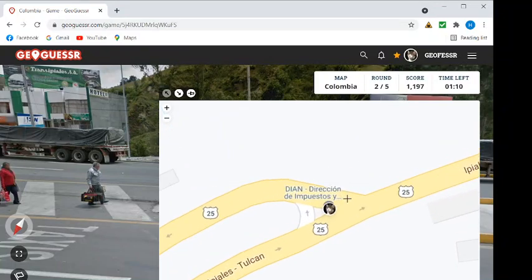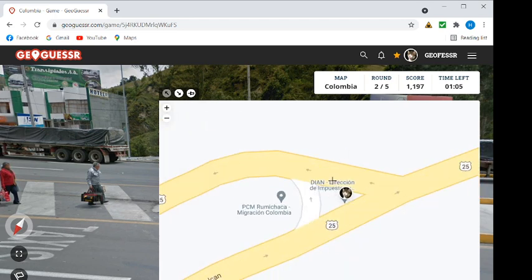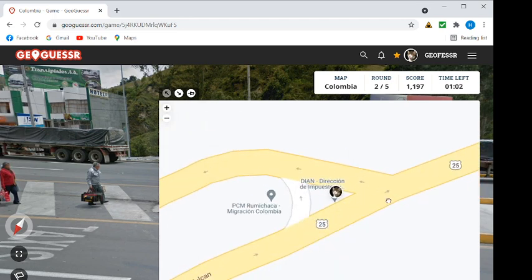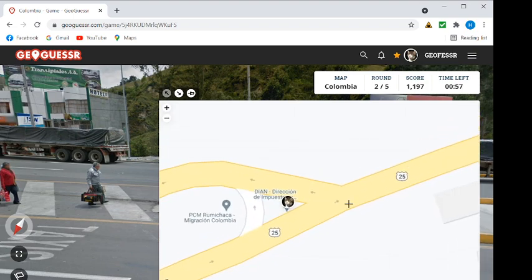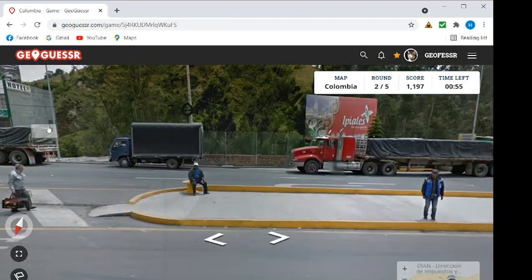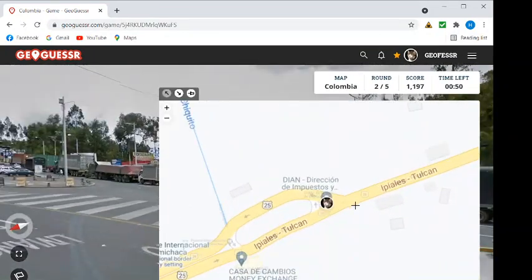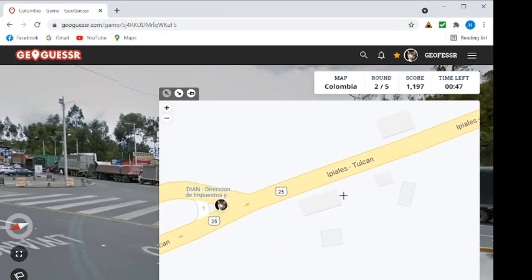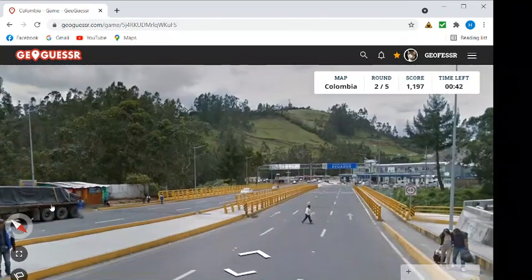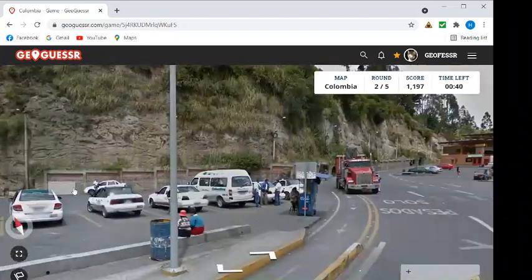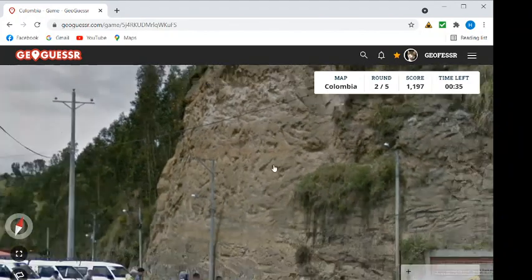So we have Dirección de Impuestos y something, that's the customs, right? Impuestos means taxes. Migración Colombia, yeah, so we have a restaurant, a hotel over there. There aren't businesses marked other than that. Also interesting, notice the cut cliff face here.